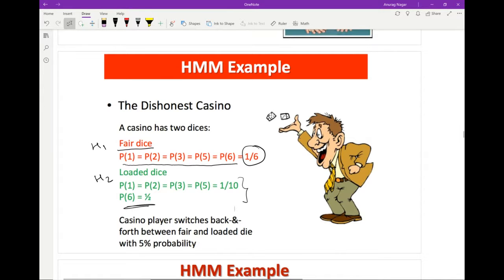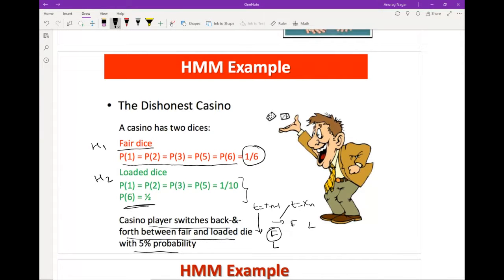And I have one more piece of information: the casino switches back and forth between fair and loaded with 5% probability. So I can make a table for that, fair, loaded, fair, loaded. So this is time n minus 1, and this is time xn, one step later.